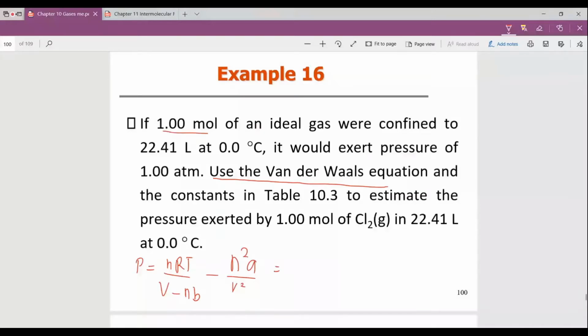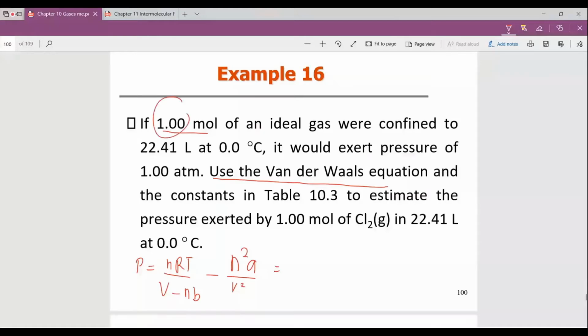If 1 mole of Cl2 gas were confined in 22.41 liters at 0.0 degrees Celsius, what pressure would it exert, compared with 1 atm? So how do we calculate this? We use the pressure P equals nRT over (V minus nb) minus n squared a over V squared. Just substitute into the formula.